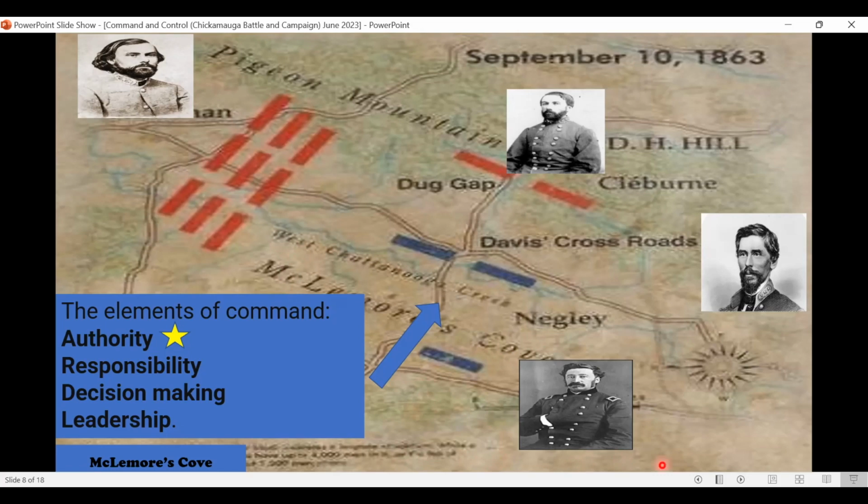This is James Negley's division, about 4,500 strong. They come down on the eastern face of the mountain. Perhaps, Bragg thinks, there is an opportunity here. McCook, Thomas, and Crittenden's Corps are separated by miles, dozens of miles. So the ability here to strike this lone unit that's separated from the main force, something that just can't pass up.